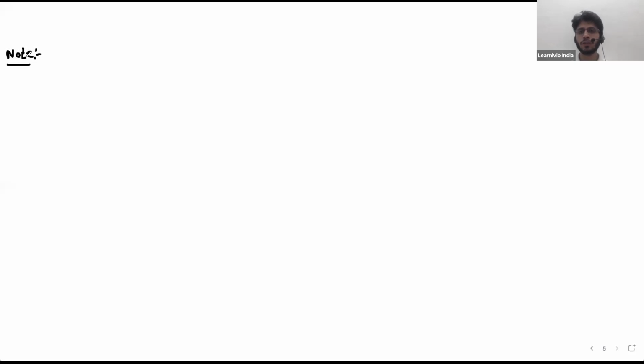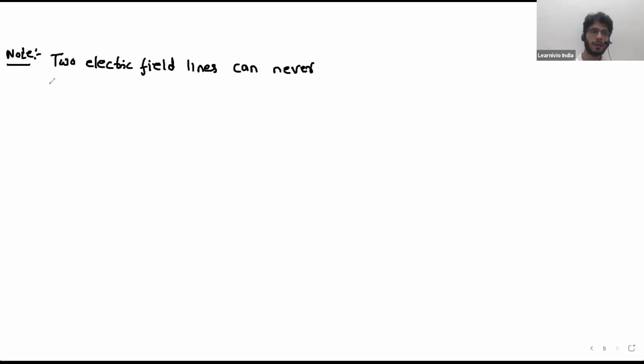The conceptual question says that two electric field lines can never cross each other. So if you have two field lines, those two field lines cannot cross each other. Why can't they cross each other?